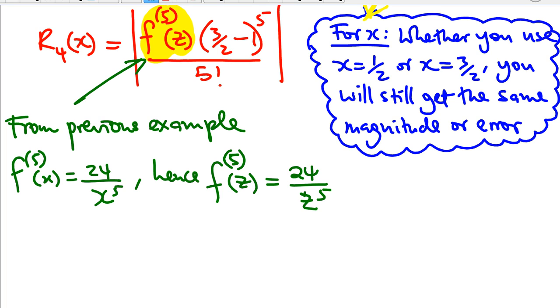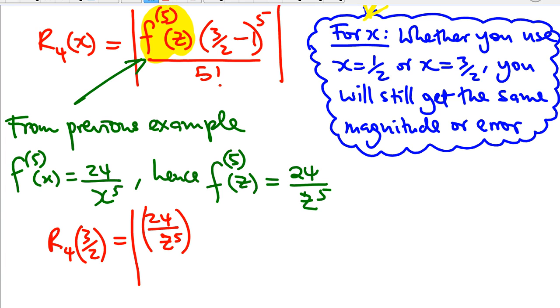Hence R4 of 3 over 2 will be equal to the absolute value of 24 over z to the power 5, let me put that in brackets, multiplied by a half to the power 5 over 5 factorial.